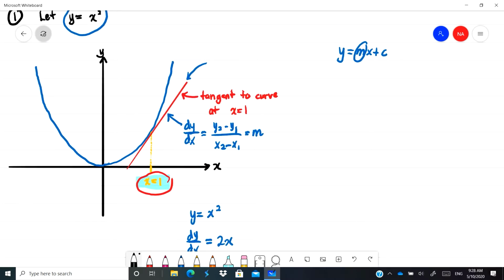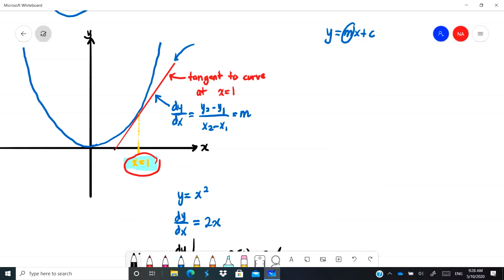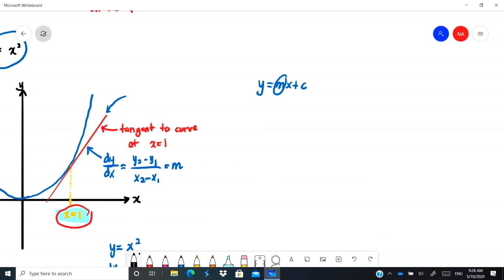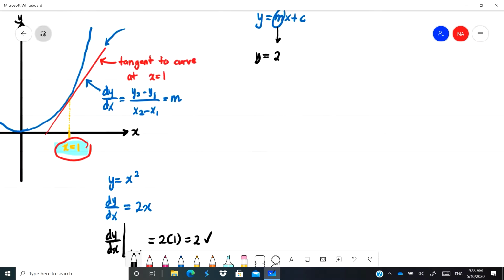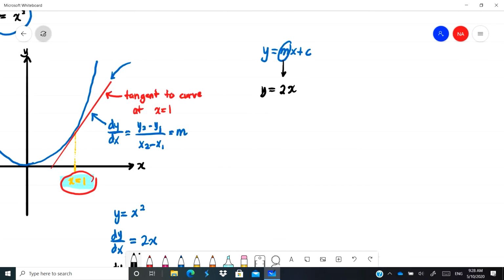We note that the gradient of this straight line is 2. Looking at it, the slope tends to the right, so it's positive, and the value is 2 because it's quite steep there. So we already have the value of m, which is 2, giving 2x plus c.